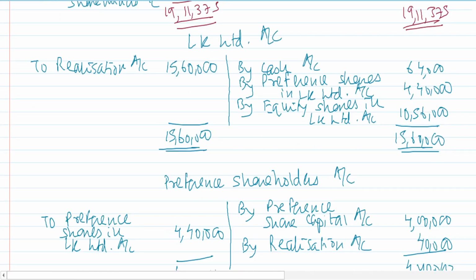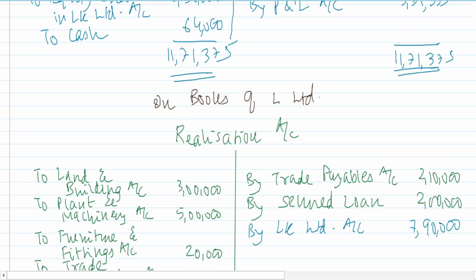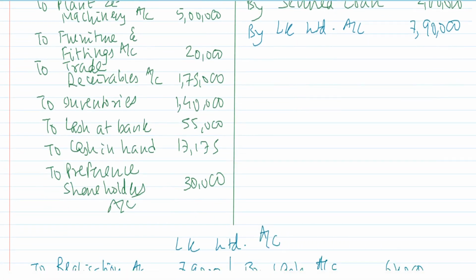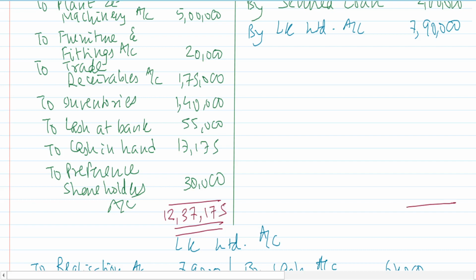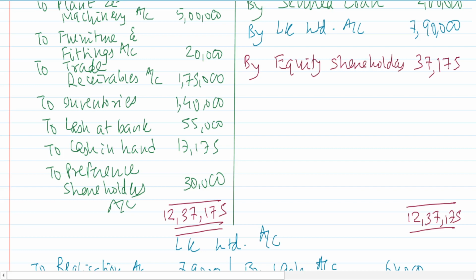But we need to close the realization. Take a total. It is short by 37,175. This loss belongs to the equity shareholders, 37,175.